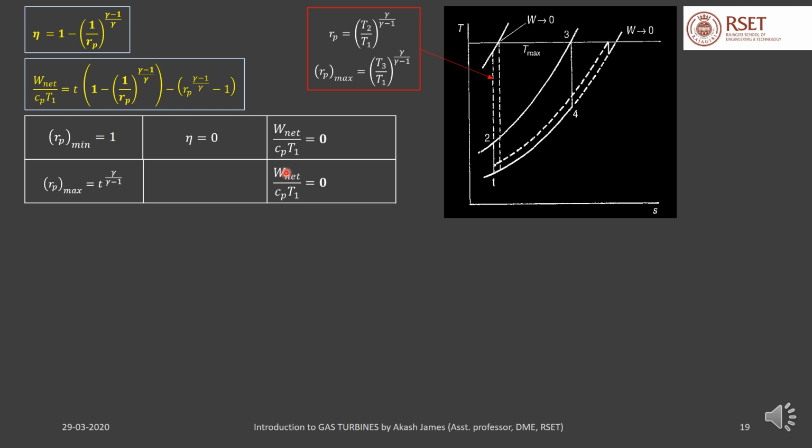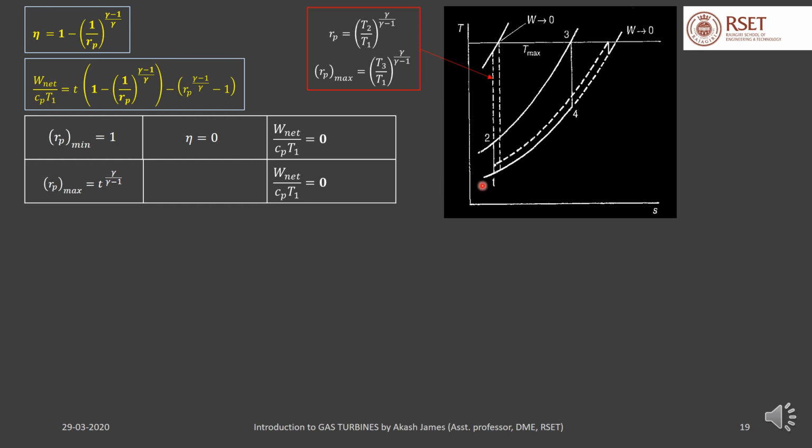Now let's see what happens to the efficiency when the pressure ratio is maximum. If you substitute this quantity in this equation, we will get efficiency as 1 minus 1 over small t. That is, interestingly, the efficiency of a Carnot cycle operating between the same maximum and minimum temperatures.